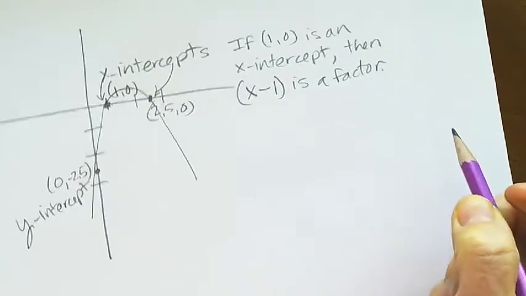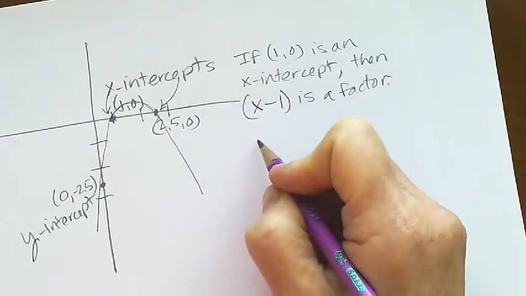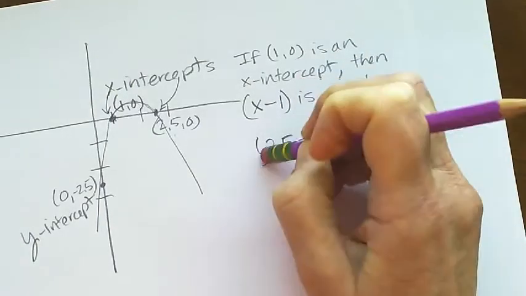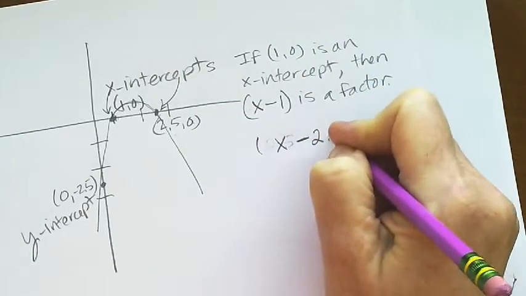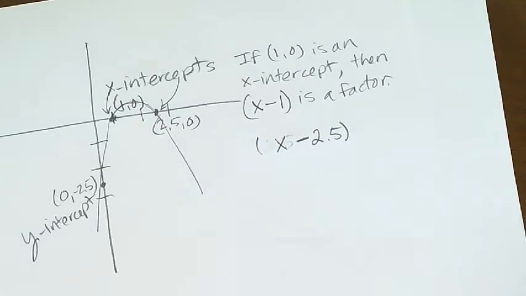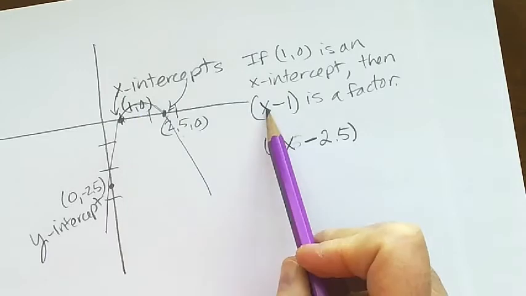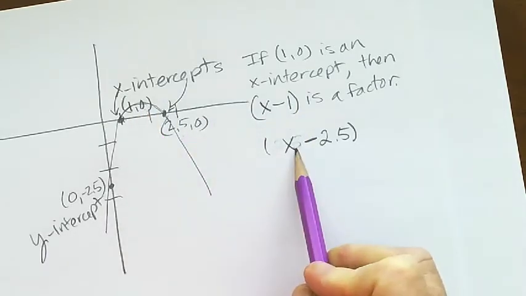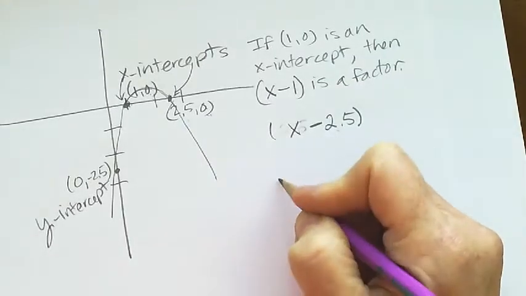Okay, and likewise, if 2.5 is an x-intercept, then x minus 2.5 must also be a factor. Because think about it, if you plug in 1 here, 1 minus 1 is going to give you 0. If you plug in 2.5 right here, you're going to get 2.5 minus 2.5. You're going to get a y value of 0. So you've got your factors.